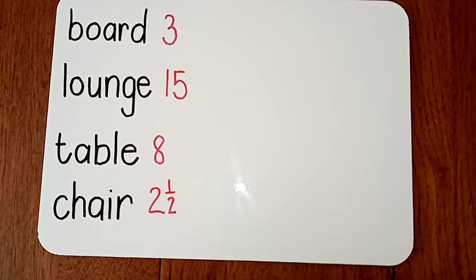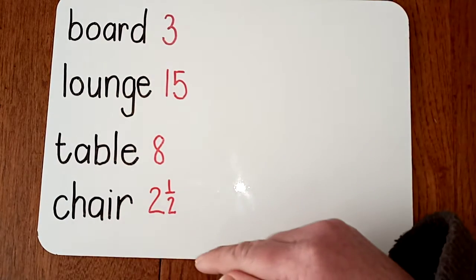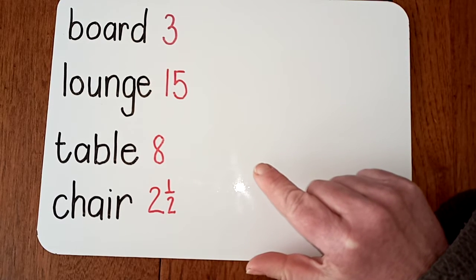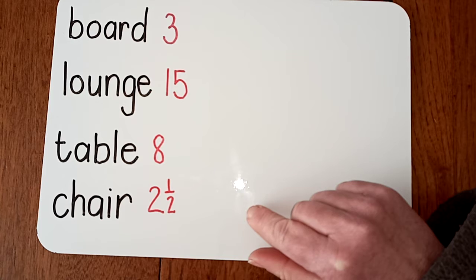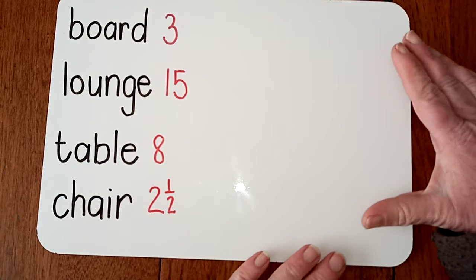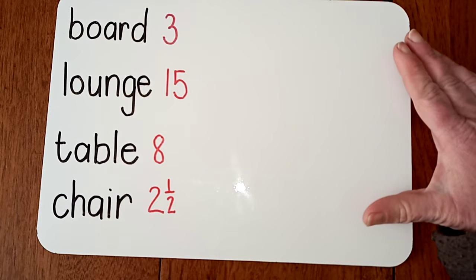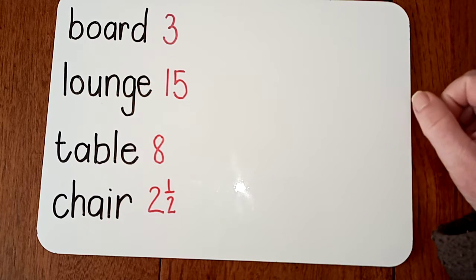Now, I'm not sure how many of your answers were the same as mine, but that doesn't mean that they're wrong. It means that they are different, and that is a big, big problem in measurement, because when we measure something, it needs to be exactly correct.